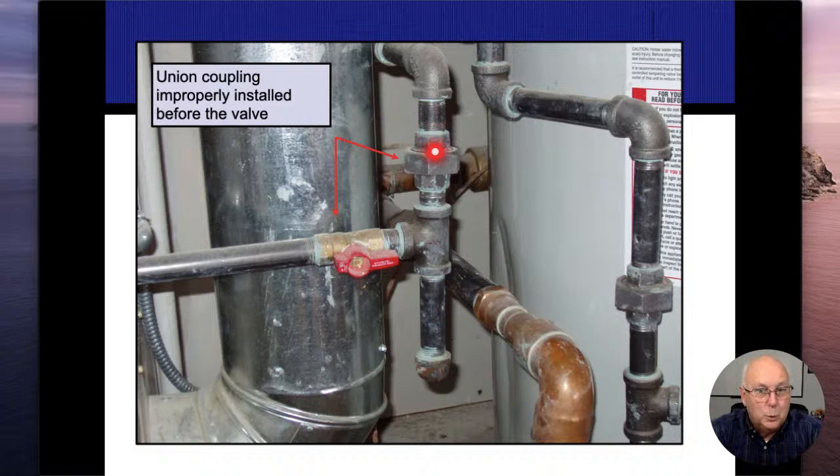We found this on one of our field events. And again, it's real easy to walk by some of these things because everything's working normally, and it just doesn't come into the brain to start thinking about the order of stuff. So you kind of have to pull things out there. We want to make sure that our isolation valve comes before the drip leg, before the universal fitting on there.